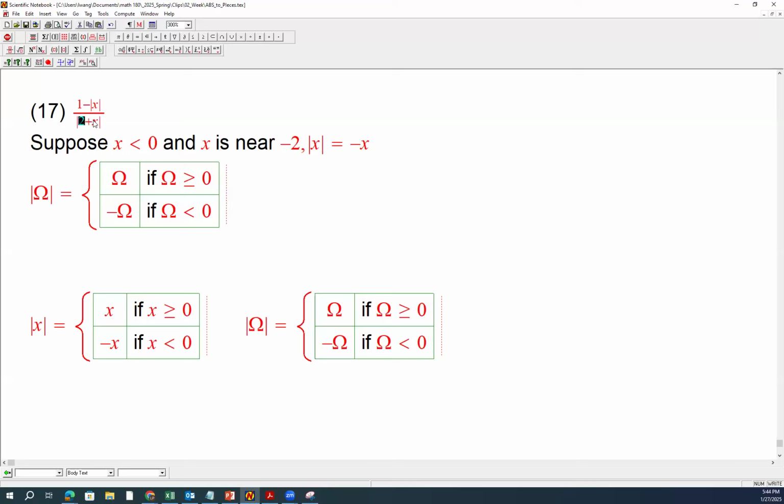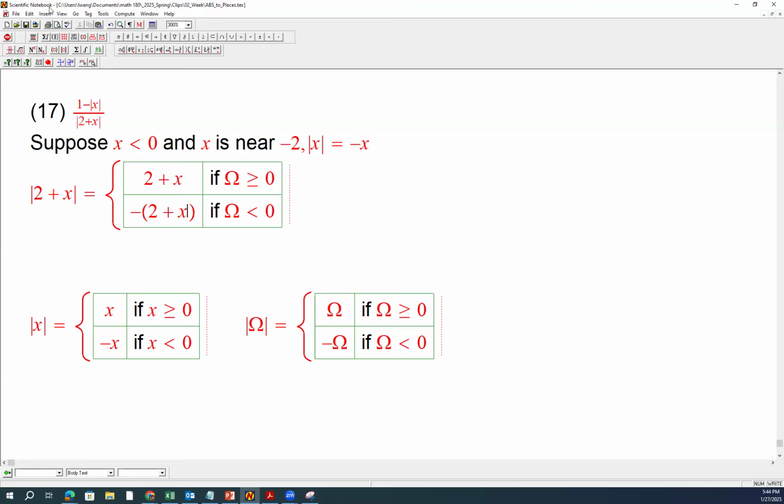And so we're going to assume that we have this omega. Omega is 2 plus x, the same drill. And x is greater than or equal to -2, and x is less than -2.